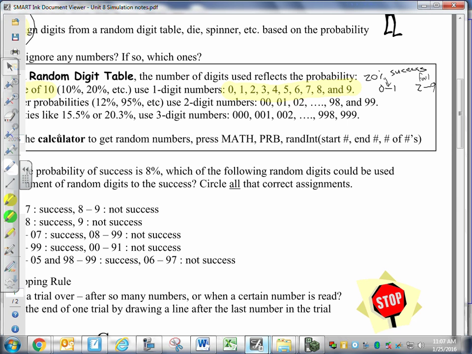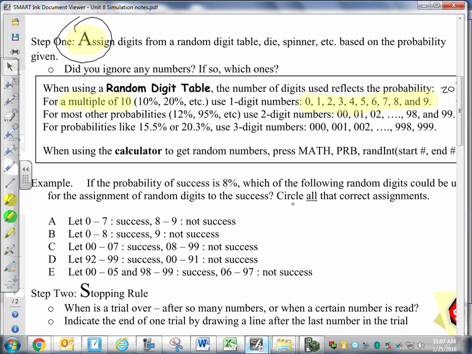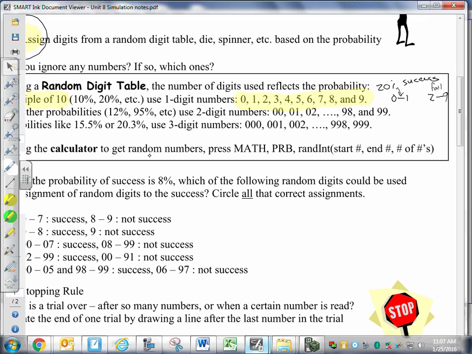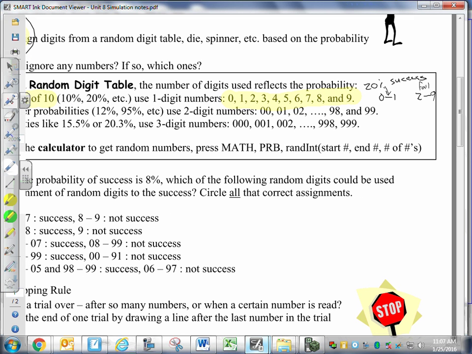Okay? If, however, my probabilities were not multiples of 10, like a 65% probability, a 12%, or a 95% probability, we need to use 2-digit numbers, like Mr. Englander figured out. And we should start at 00 and go to 99. An example is a 32% success, like a probability of flipping a head on a weighted coin being 32%.